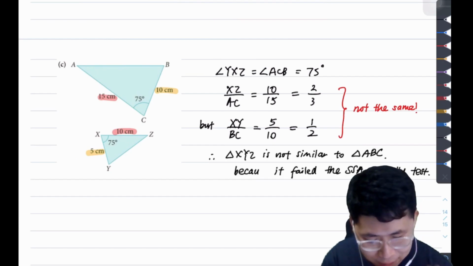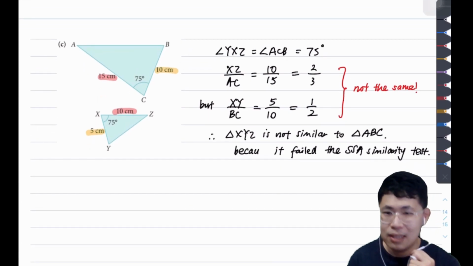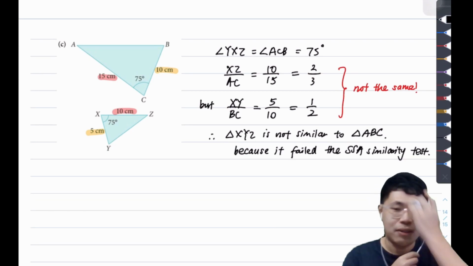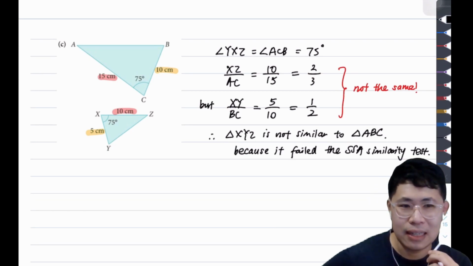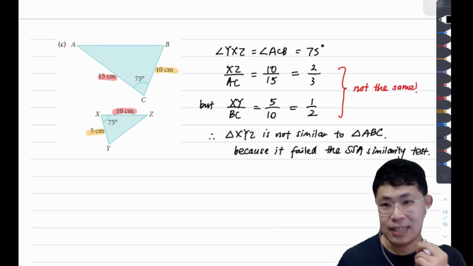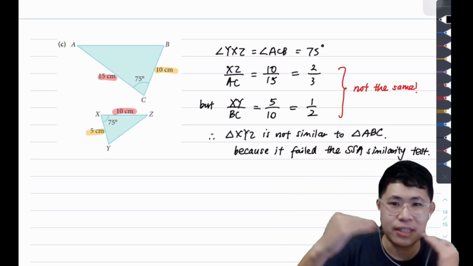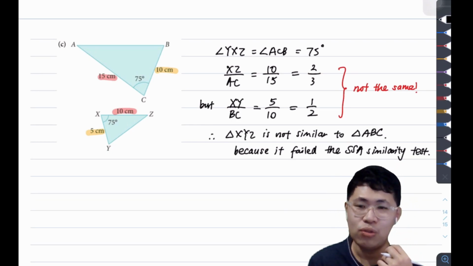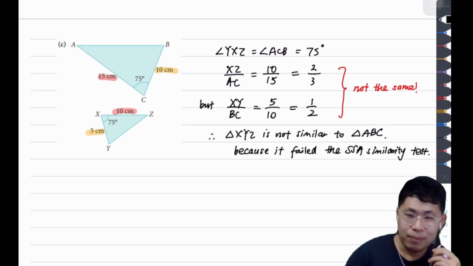Because of that, triangle XYZ is not similar to triangle ABC because it failed the SAS similarity test. It is the ratio that's not the same that's causing the problem. Is it enough to only write one ratio? No, we need to write both ratios to show that both of them are different.